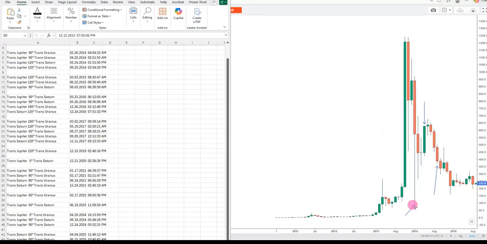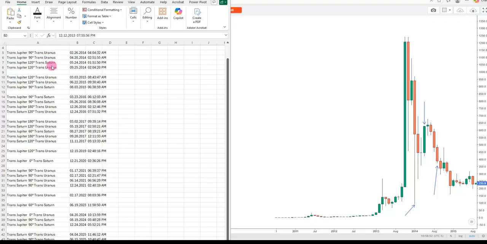Switching to the arrows for marking the chart and looking at the year 2014, on February 26th, we have a Jupiter square Uranus, and that is at the significant low here in February. And then we had a pair of aspects nearby, a Jupiter-Uranus again, and then a Jupiter trine Saturn on 4/20 and 5/24.